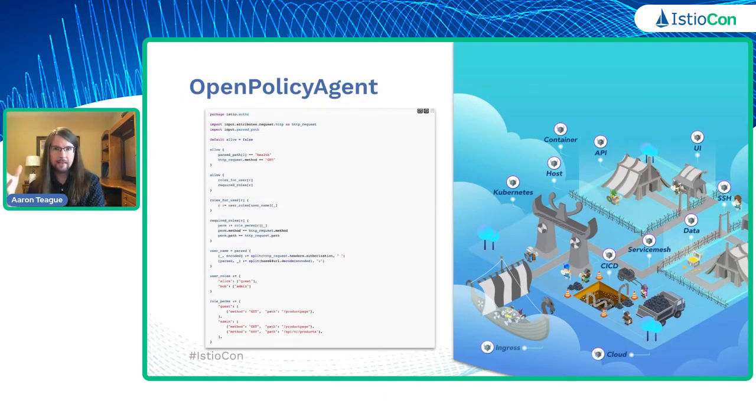Like, can this thing be validated? In fact, I want to call out another talk that's coming up in a day or two called Gatekeeper or something. I don't remember the name, but there's one called Gatekeeper that, if you want to go more into this, might be worth attending.